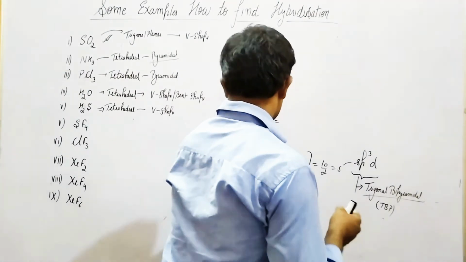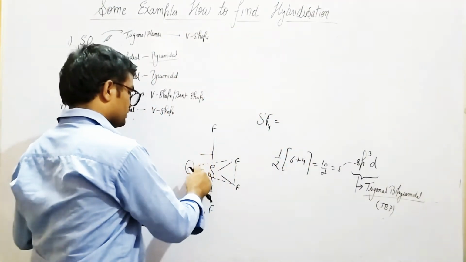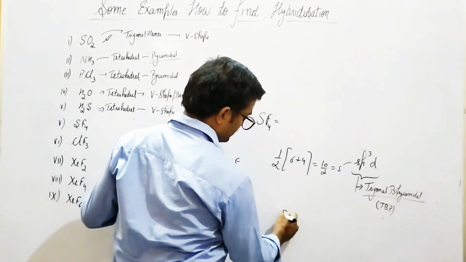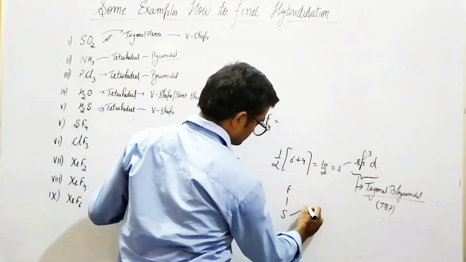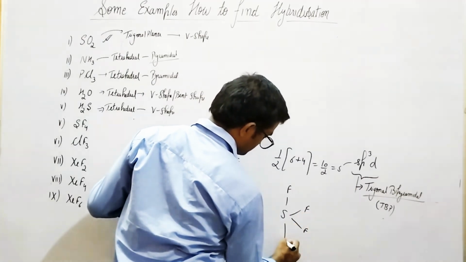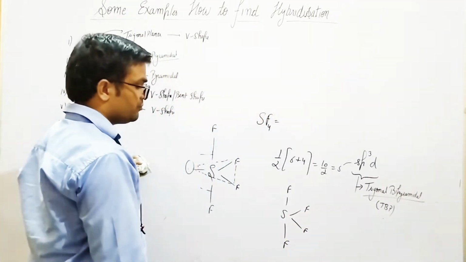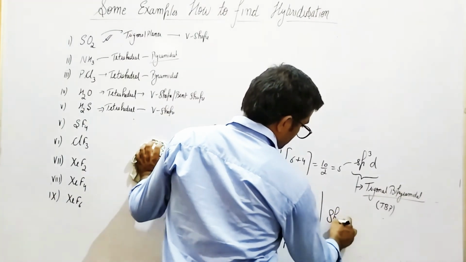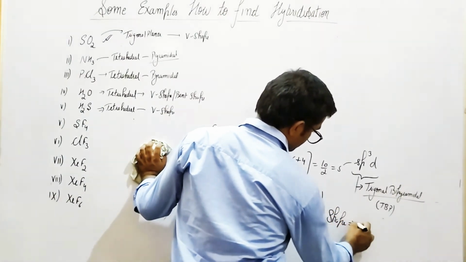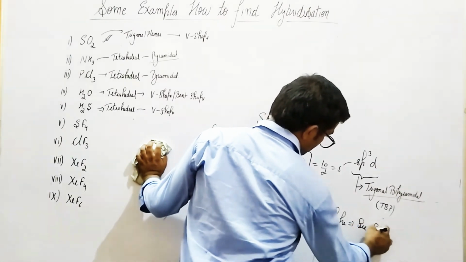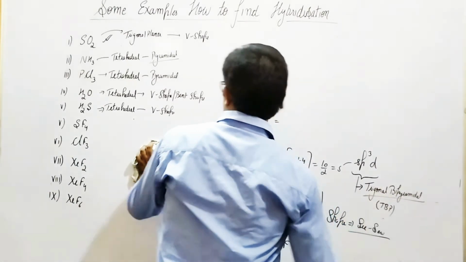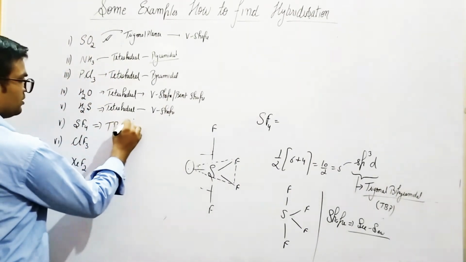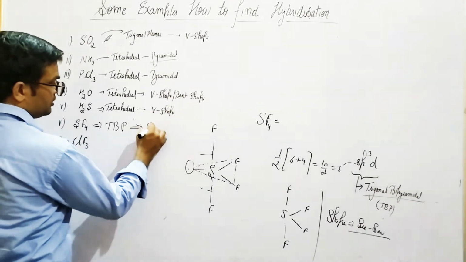But if one asks what the shape is, in shape we do not consider the lone pair, so it appears like this, and the shape comes out to be seesaw. Very important question. Therefore, it has TBP geometry or structure, but the shape is seesaw.